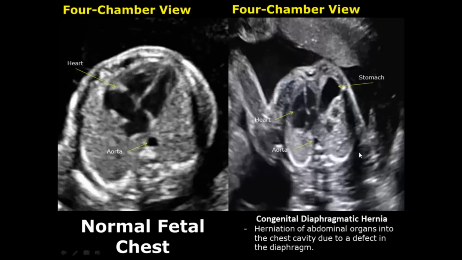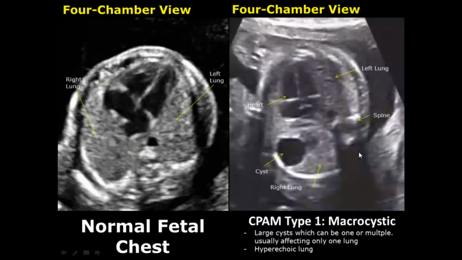Now we will discuss fetal lung abnormalities, starting with CPAM, which stands for congenital pulmonary airway malformation. It has three types based on its appearance. The first type is macrocystic, which has large cysts.